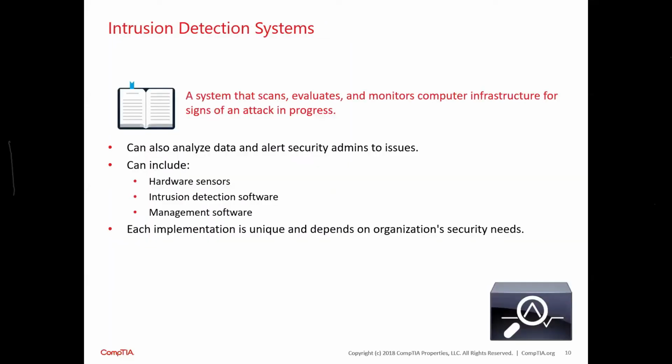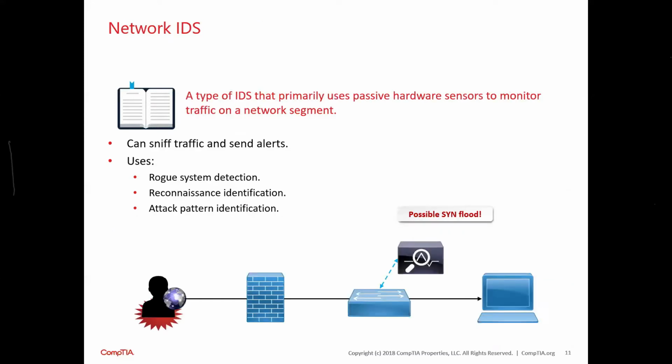Okay, then how about the intrusion detection system? An intrusion detection system is a system that scans, evaluates, and monitors computer infrastructure for signs of an attack in progress. So you can analyze data and get alerts based on issues. It can include hardware sensors, intrusion detection software, as well as management software. Each implementation is unique and depends on the organization's security needs.